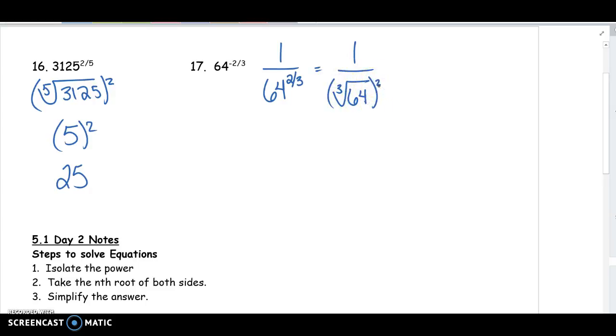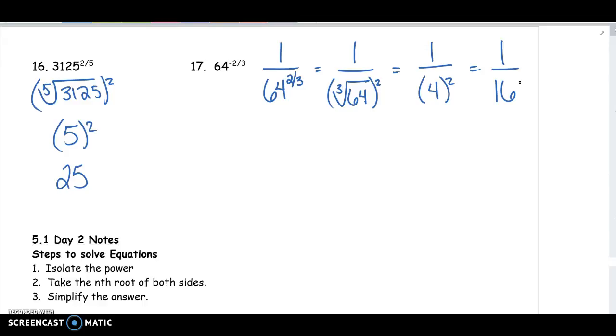Okay, leave this all in the denominator. What is the 3rd root of 64? 4. And then square your 4. 16, 1/16.